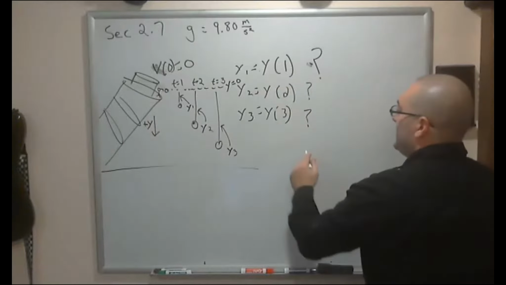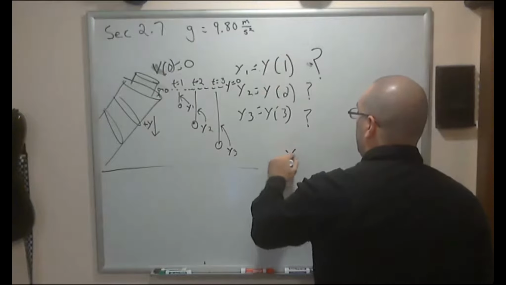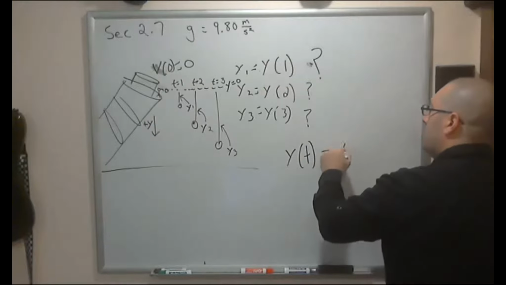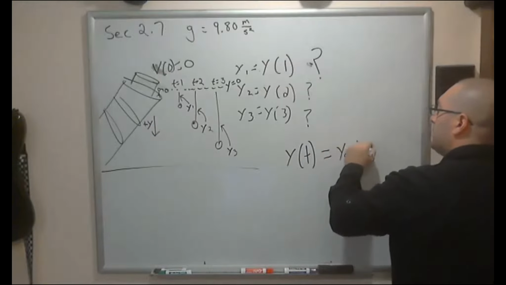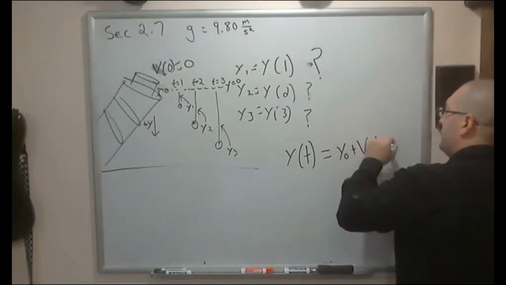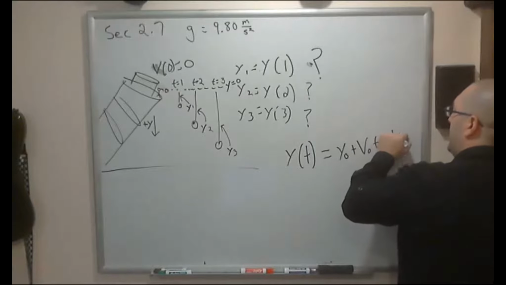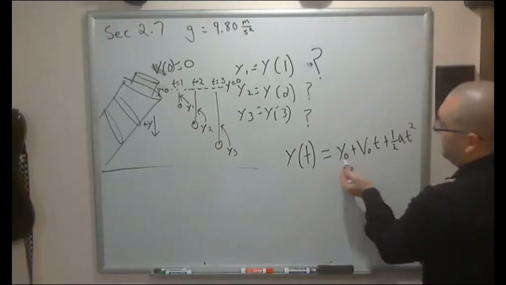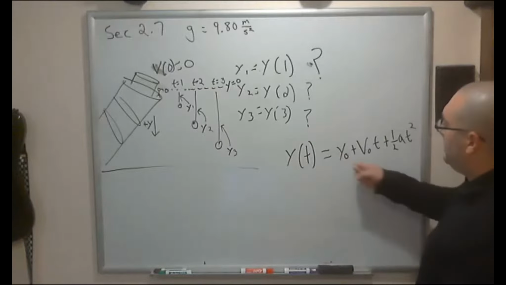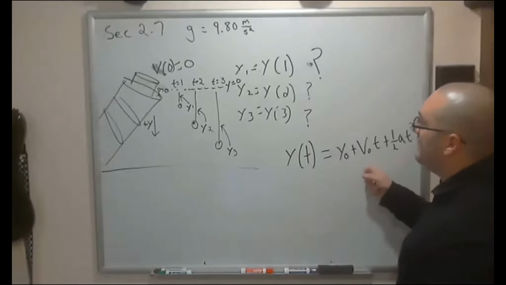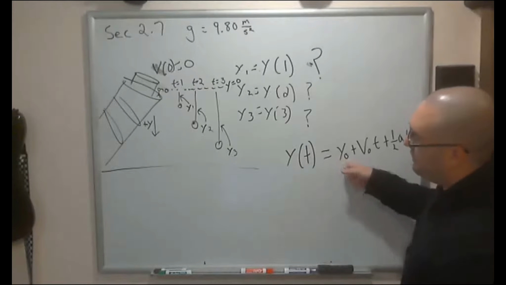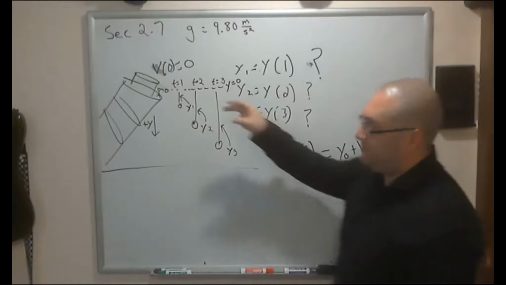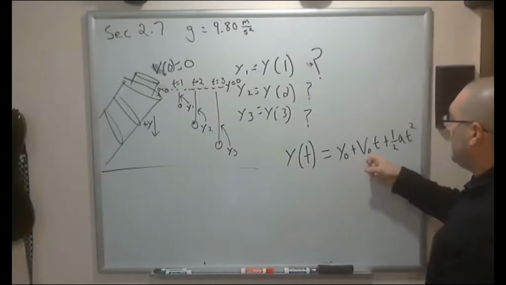So what equation do we want to use? We want to use the position function, but instead of calling it x, we call it y: y0 plus V0 t plus 1/2 a t squared. Let's see what knowns and unknowns we have. We know y0, we set it ourselves. We know V0, we dropped it, so we started from rest. That's 0.